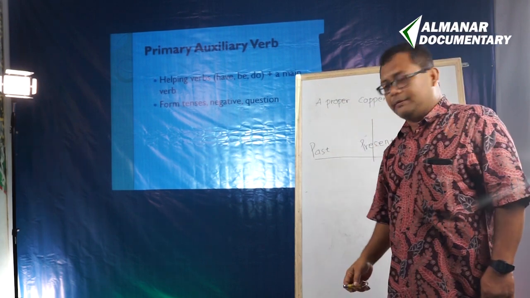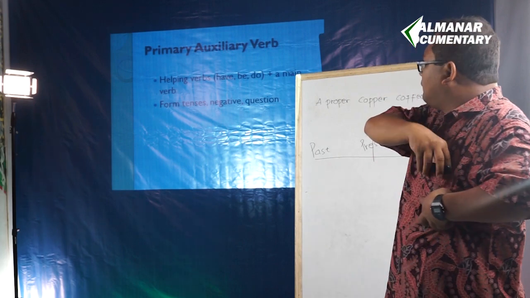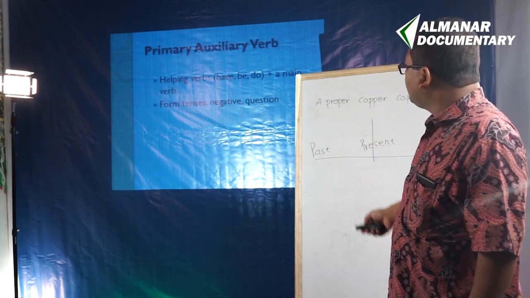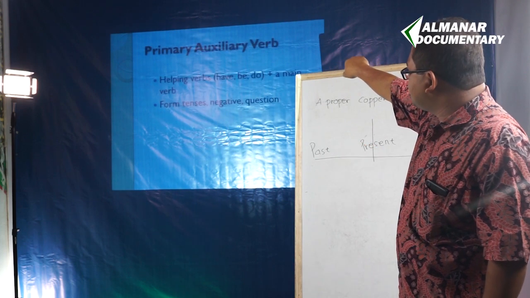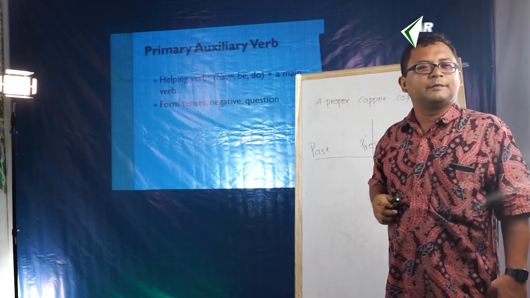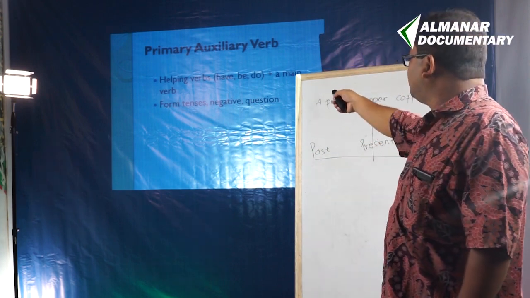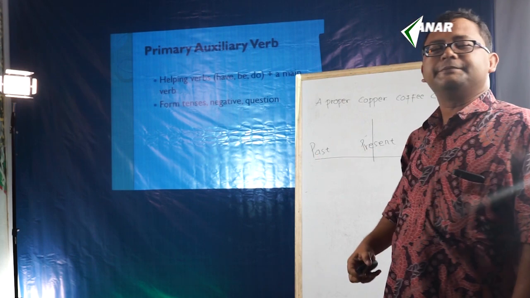So, auxiliary verb also forms tenses, negative form, and also question, to assist the verb into negative, into question.